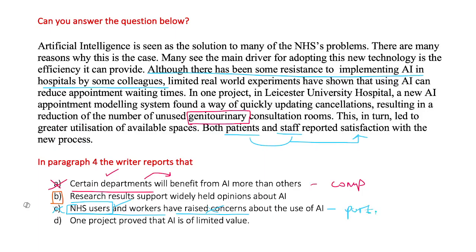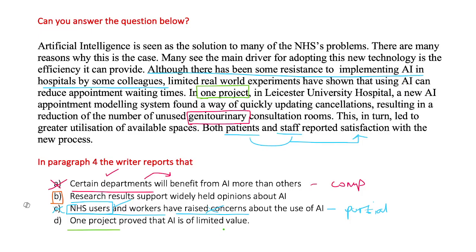Let's look at D. One project. Okay, let's get that pen out again. One project. Oh, we found a project. Here it is. Proved that AI is of limited value. Well, if you think about it, there's a couple of things happening here. One, they're talking about the value of the project.